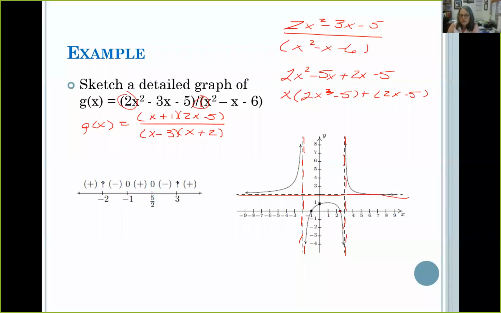And then once I knew my positive, negative, positive, negative, positive, I would just sketch in this shape, like that, and this shape, and that shape. So what we're doing is we're using our sign table and our zeros to guide our sketches.